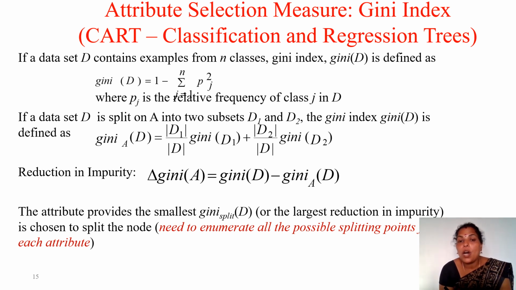Whichever attribute has the largest delta Gini of A is used as the split attribute in the Gini index. An example is given.